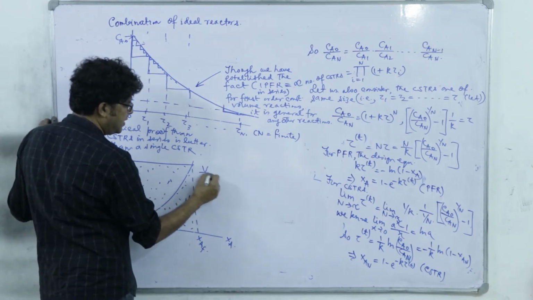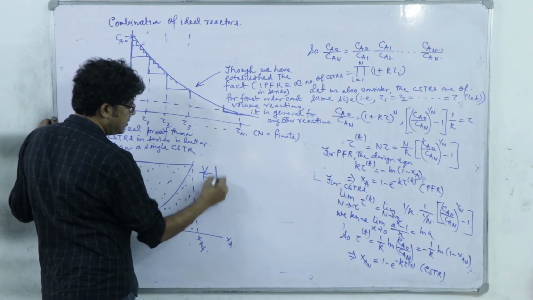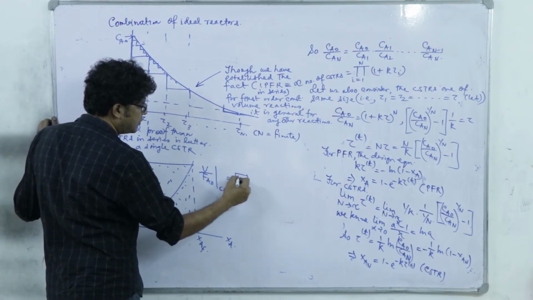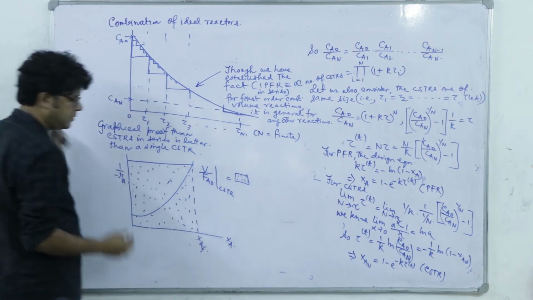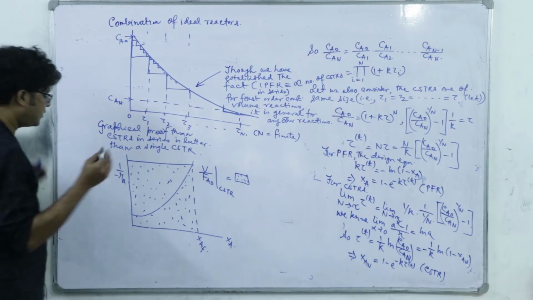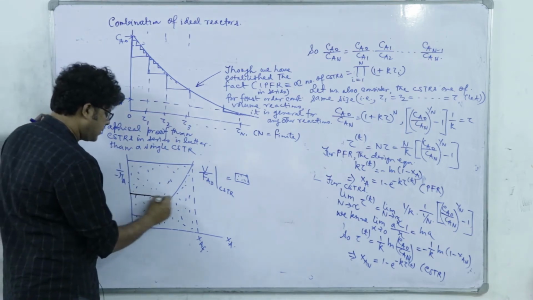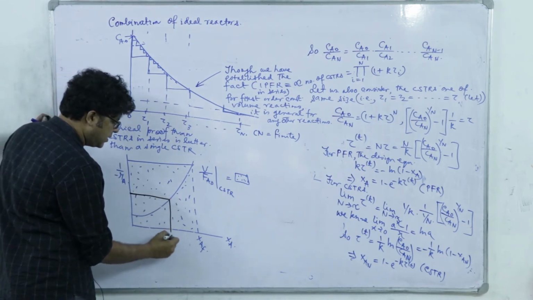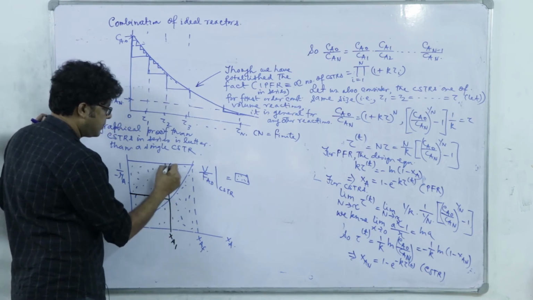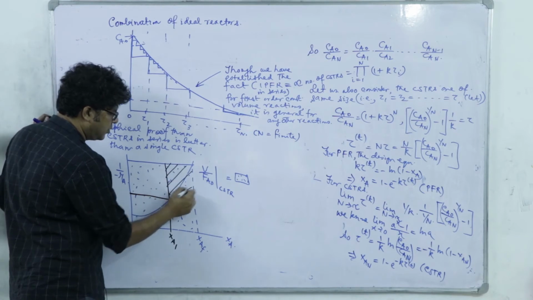So V by Fa naught of a single CSTR is proportional to this, right? Now if I am using two CSTRs in series, just two, say with an intermediate conversion Xa1, this will be the total volume requirement.